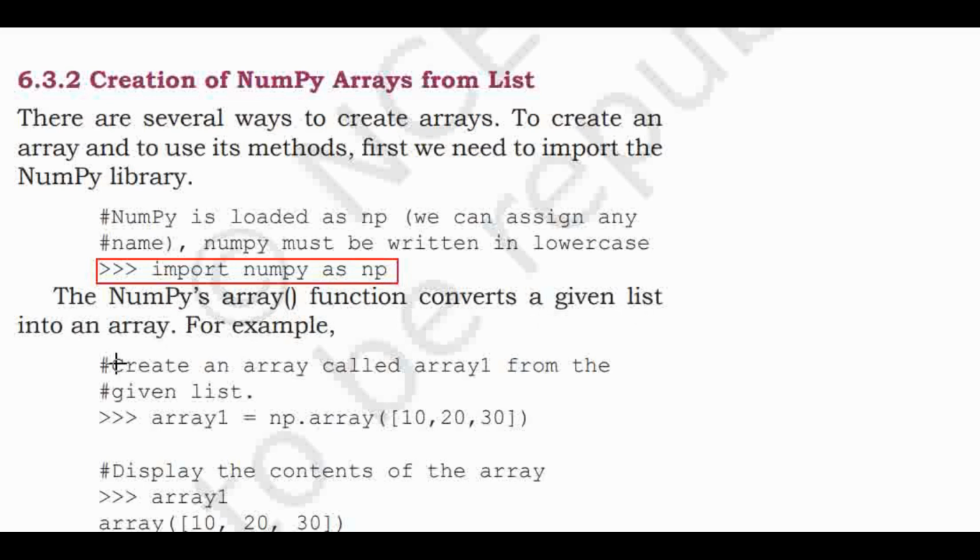For example, create an array called array1 from the given list. array1 = np.array([10, 20, 30]). Display the contents of the array: array1. Output: array([10, 20, 30]).